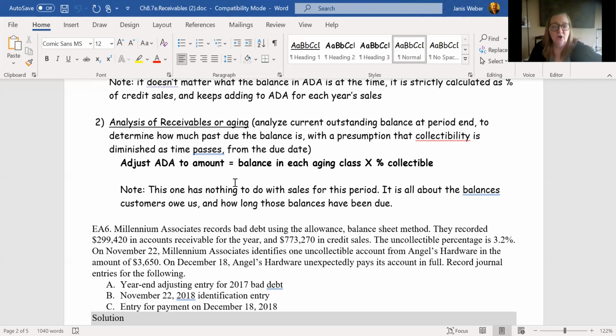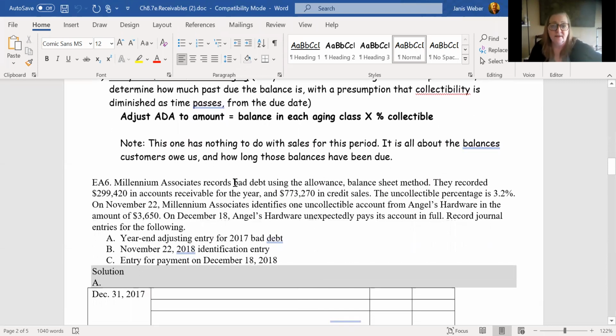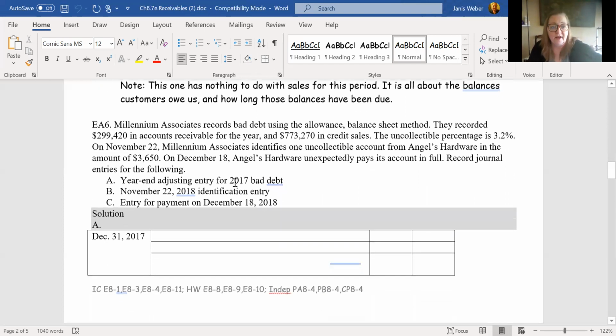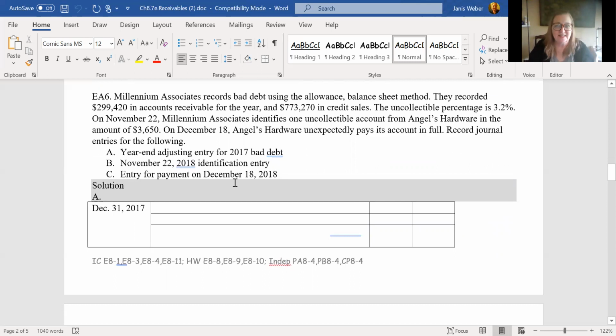Okay. And so it's not related to sales at all. It's only about the balances and the amount that's in the T account for ADA, or the general ledger account, if you want to think of it that way. I just always think of it as a T account, even though I know it's like a computerized register that shows the ledger activity.